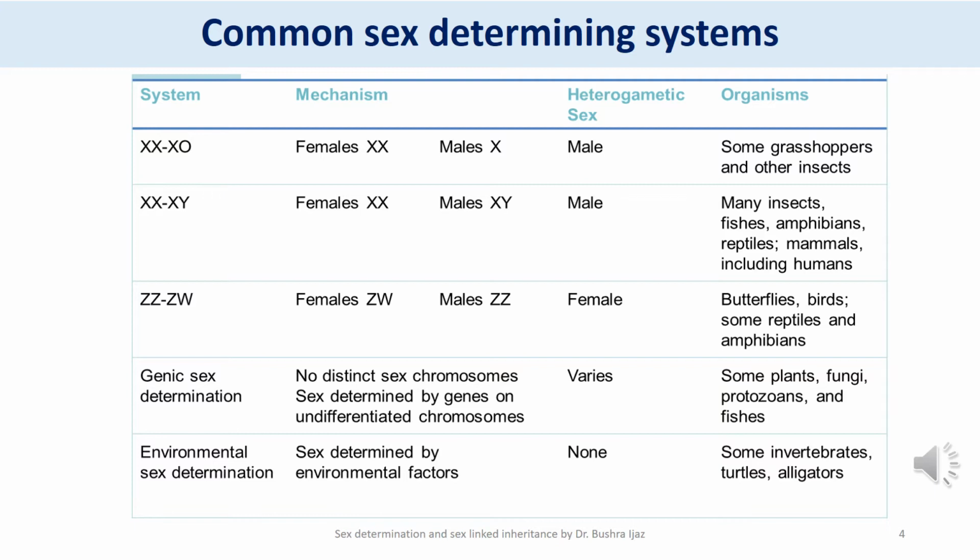We have learned different systems of sex determination, and how in different organisms, such as insects, grasshoppers, flies, amphibians, mammals including humans, butterflies, and even in some plants, fungi, and protozoans, the sex is determined, which system is present, and which mechanism is responsible for the formation of males and females. And we have also learned about the mechanisms in which there is no distinct sex chromosome, and the sex is actually determined by undifferentiated chromosomes.